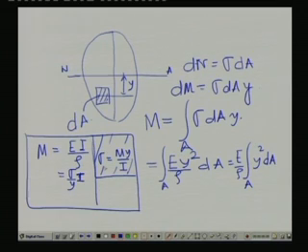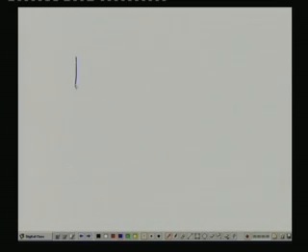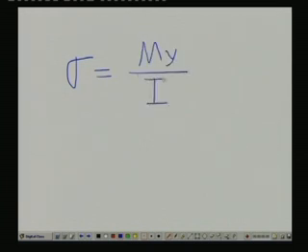So, we have got a very important relationship, that is called sigma equals to M y by I. You can identify my by I, a very common English word.